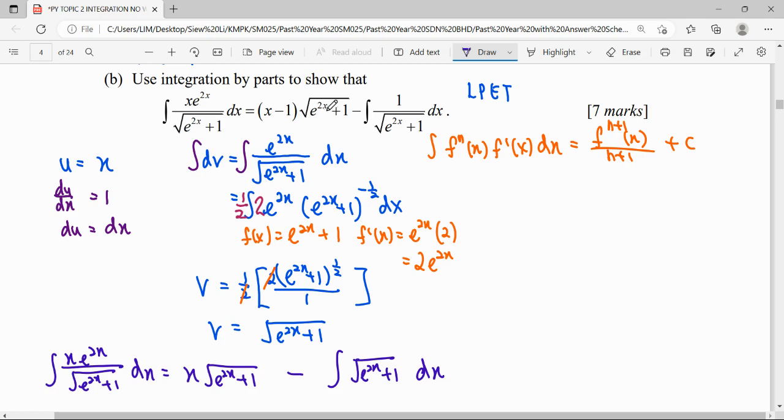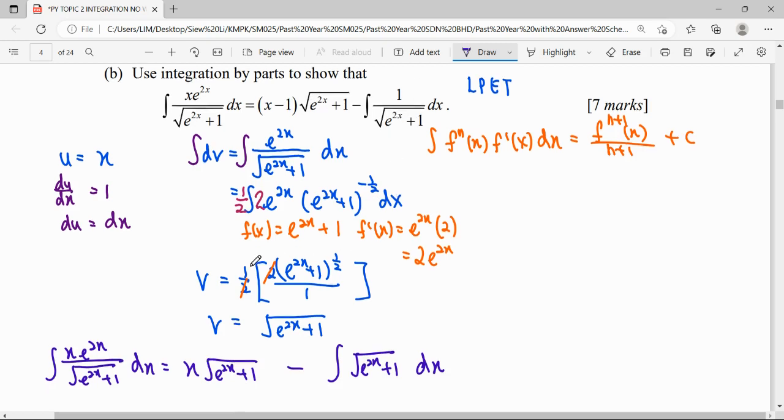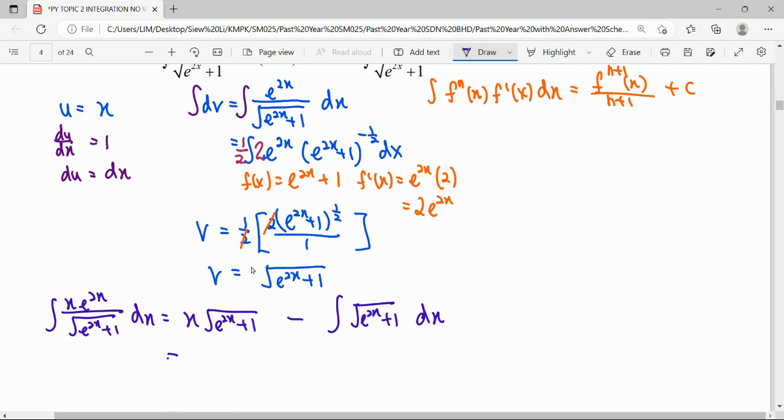So you can notice that we are nearly at this answer already. We have this term, but we still haven't completed showing this format. So we have to continue to alter the question.